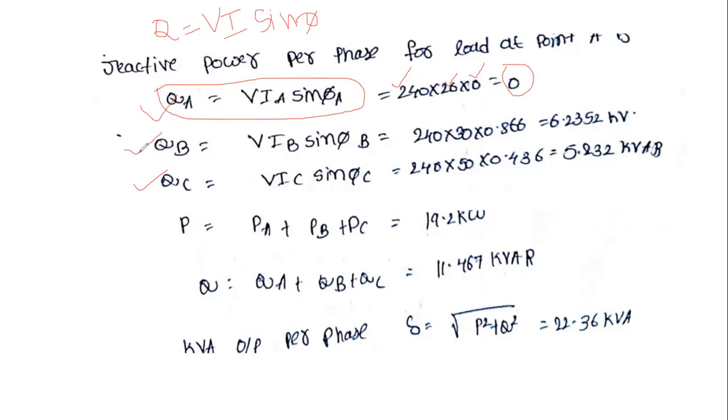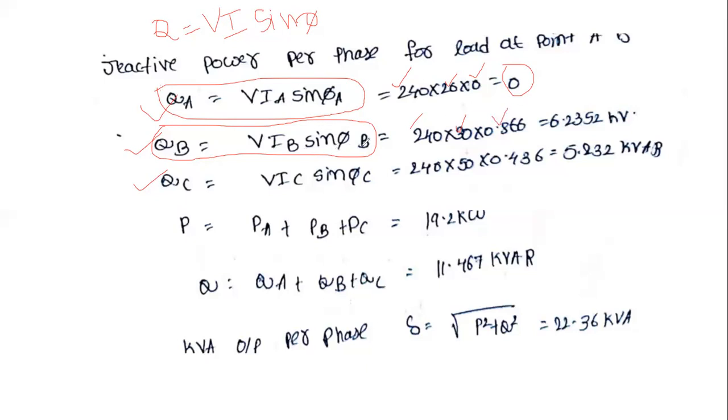Next we find the reactive power at point B, that is QB equal to VIB sin phi B. Substitute V equal to 240, the current at B point is 30 amperes, and the power factor at point B is 0.8.